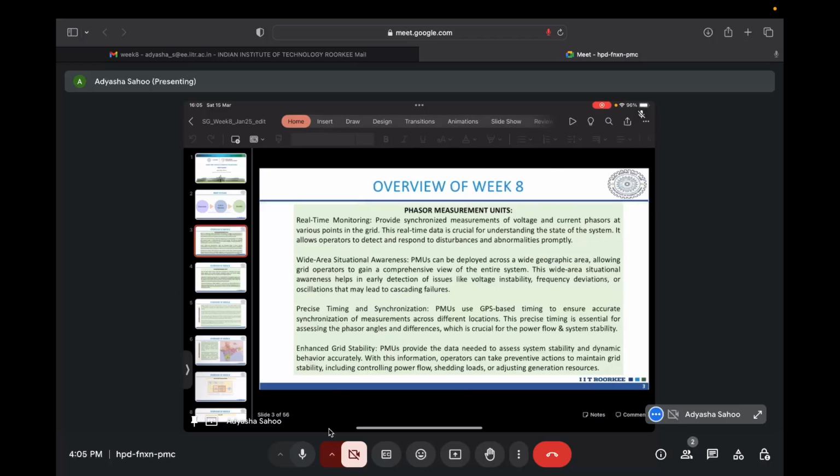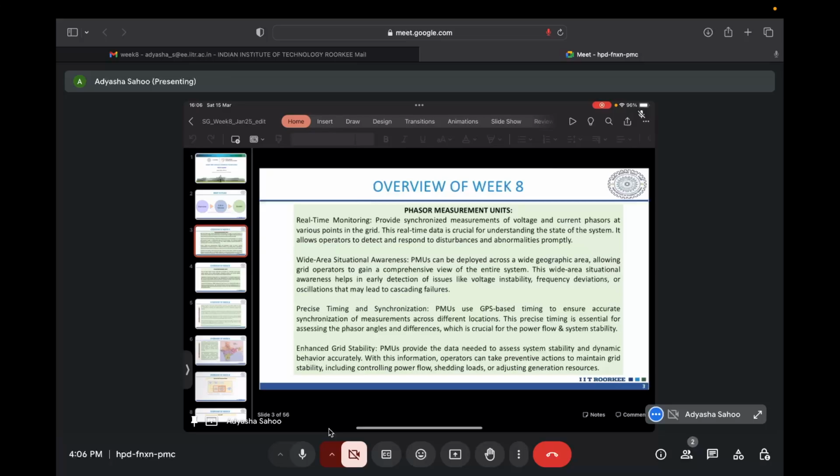In this week 8, we will start with the PMUs and then see the mathematical model for the optimal placement of these PMUs in the system, ensuring the observability of the system. And we will also go through the various algorithms or methods used to solve the model.